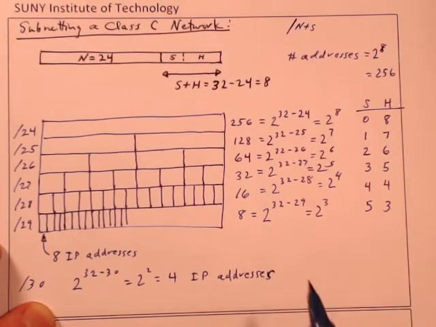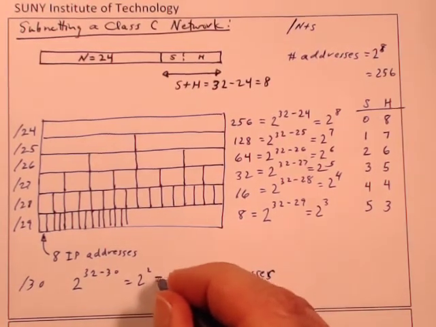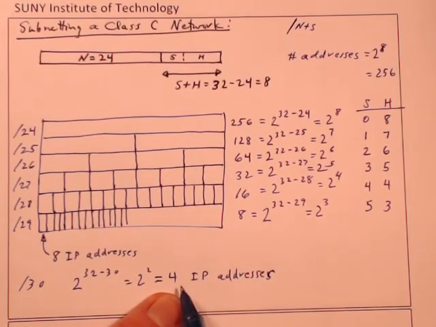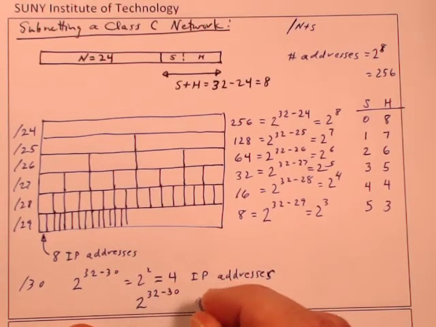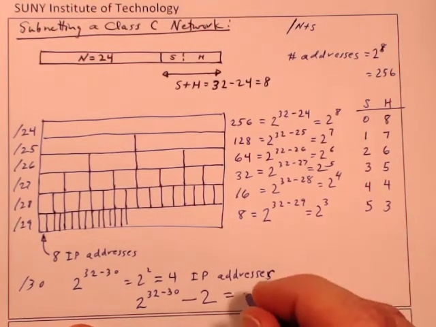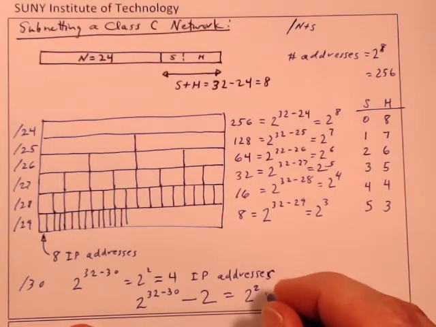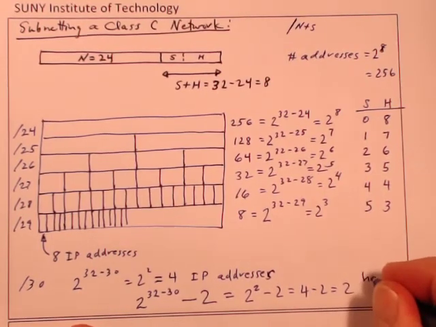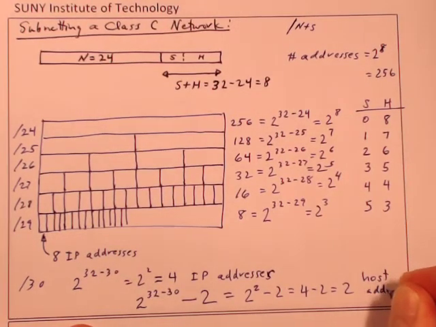And recalling that 2 of the IP addresses in a subnet are always used for the subnet ID and for the broadcast address, we would have 2 to the 32 minus 30 minus 2 host addresses available, which is 2 squared minus 2, which is 4 minus 2, or 2 host addresses available.